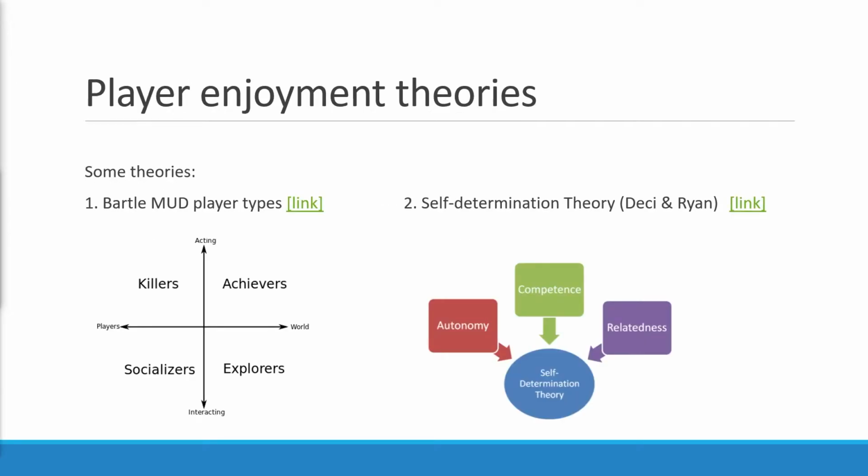So, in terms of historical player theories, probably the best known one is Richard Bartle's MUD player types model, which was created in the context of multiplayer text-based games, so-called MUDs, and it divides players into four categories: killers, achievers, socializers, and explorers.